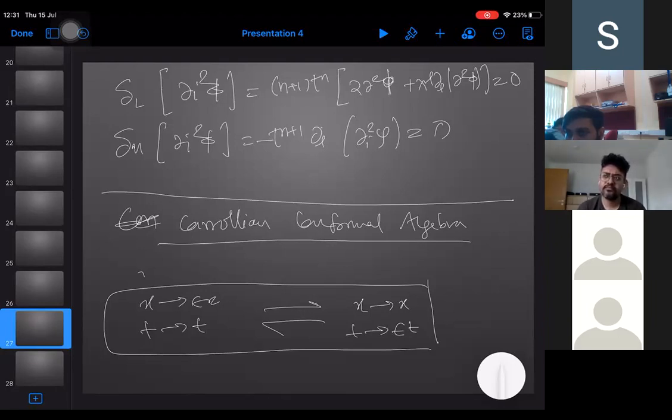Aditya, as far as I remember, if you take the GCA in any dimension, and you have your rotation generators J_ij, and you uplift them to infinite dimensions, then you have some Kac-Moody algebra generated by those, right? Yes, in general you have the J_ij rotation operators.